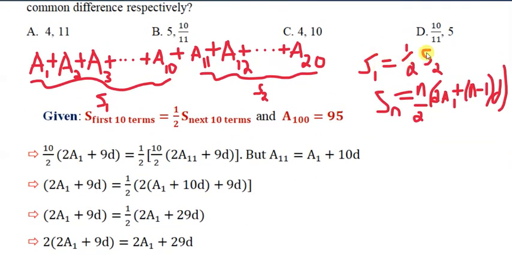Having this relation between S1 and S2, for the first 10 terms our sum is going to be 10 over 2 times 2a1 plus 10 minus 1, which gives us 9, times the common difference d.